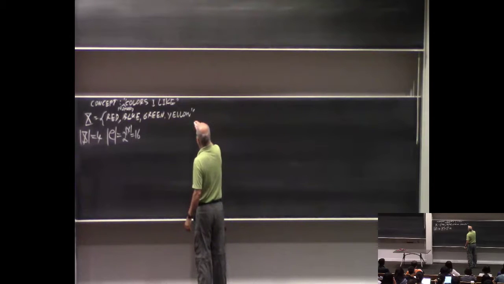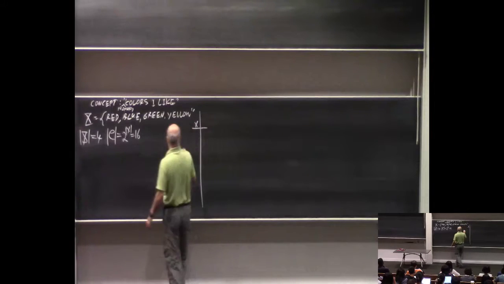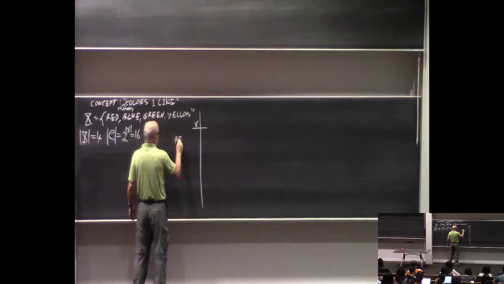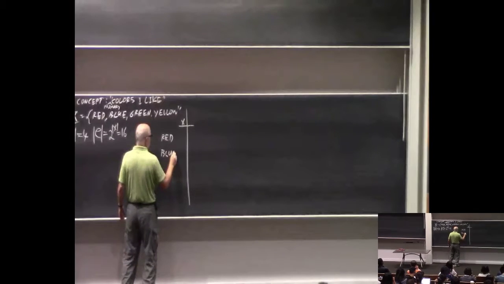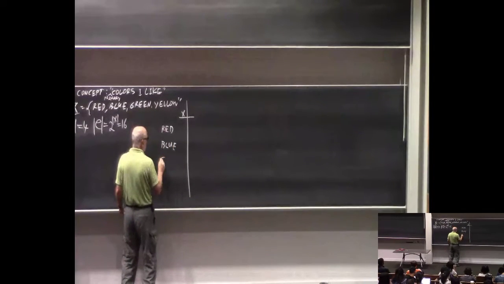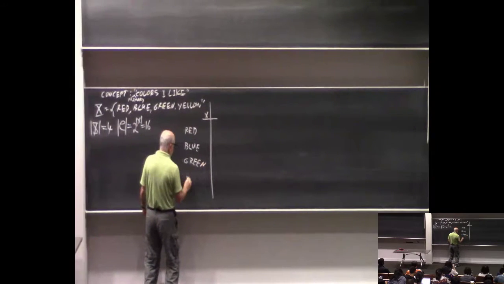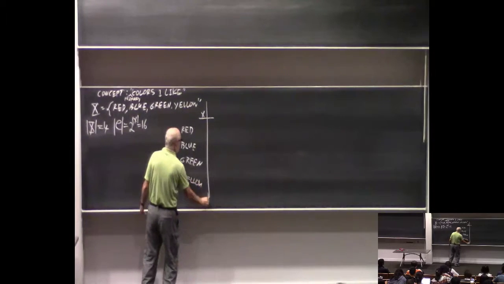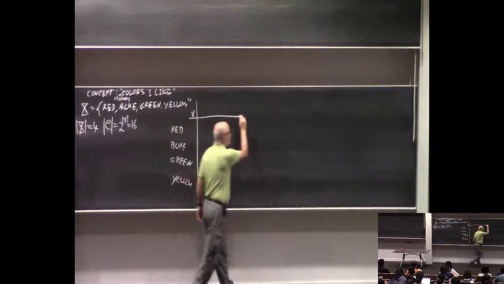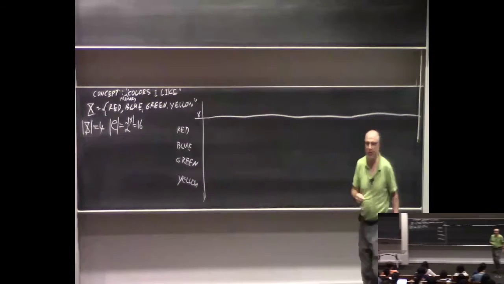So if I list here all the inputs, there are only 4 of them: red, blue, green, and yellow. And here I can list explicitly all the functions.